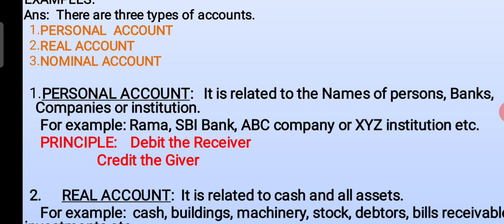Okay, let me ask you a question. What is personal account? Personal account is related to the names of persons, banks, companies or institutions. What are the examples? Rama, name of a person; SBI Bank, name of a bank; ABC company, name of the company; XYZ institution, name of the institution.